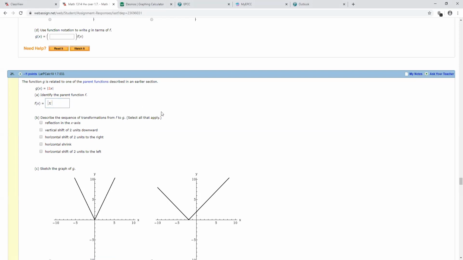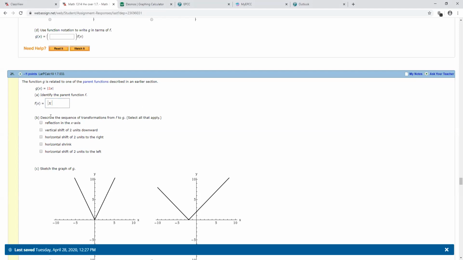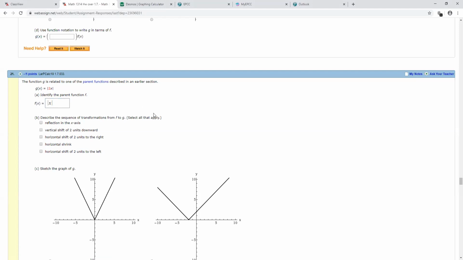And then, now letter B, Megan. Describe the sequence of transformations from f to g. Select all that apply. So what did this one do right here again, guys? As soon as you see multiplication of a number, that means dilation, which means either a shrink or a stretch.